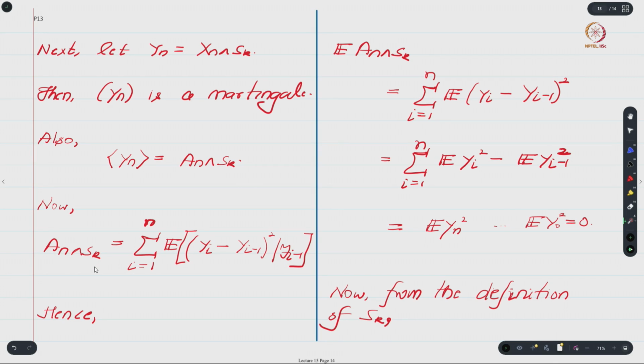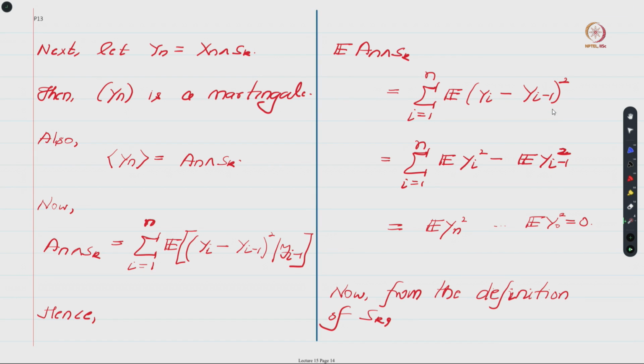Because A_n is the angle bracket process, one can see that it has the following description over here. Because it has this description, we can take expectation on both sides to conclude that the expected value of A_{n min S_k} is the sum of these expectations. We are invoking the linearity property and the iterated expectation property to make this conclusion.